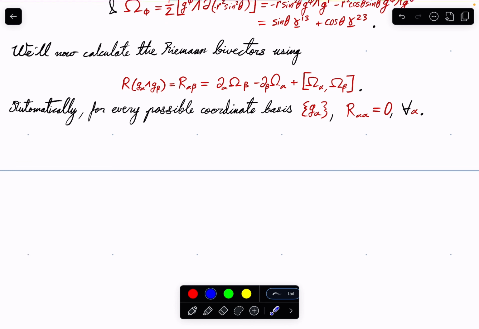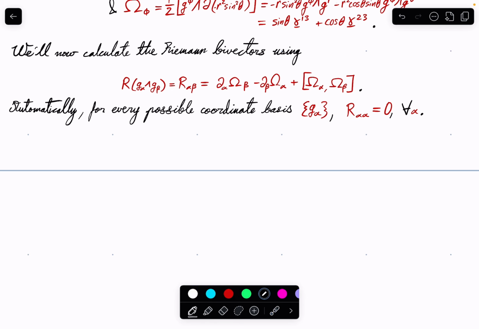And that's just saying that you can't have curvature if you're considering only a single direction, because where are you curving into? That's like saying time can't perceive itself being curved. You have to have reference to the other dimensions. So that's why you only consider off diagonal terms, because the diagonal goes to 0.